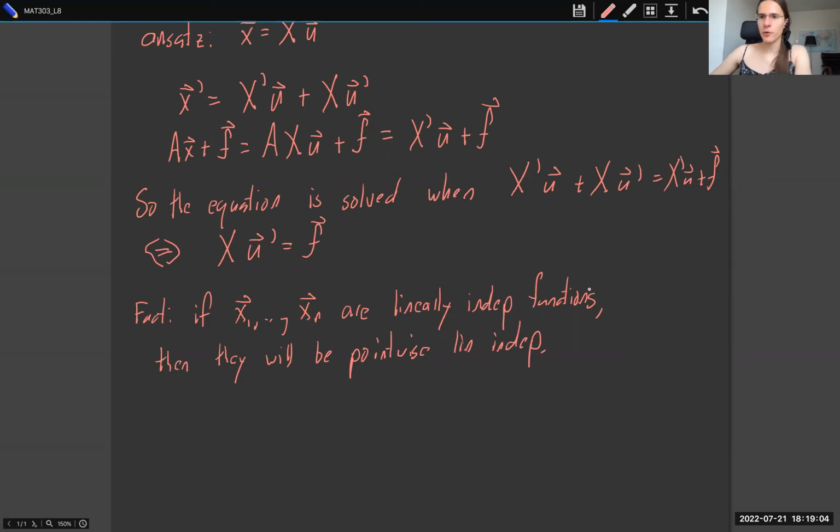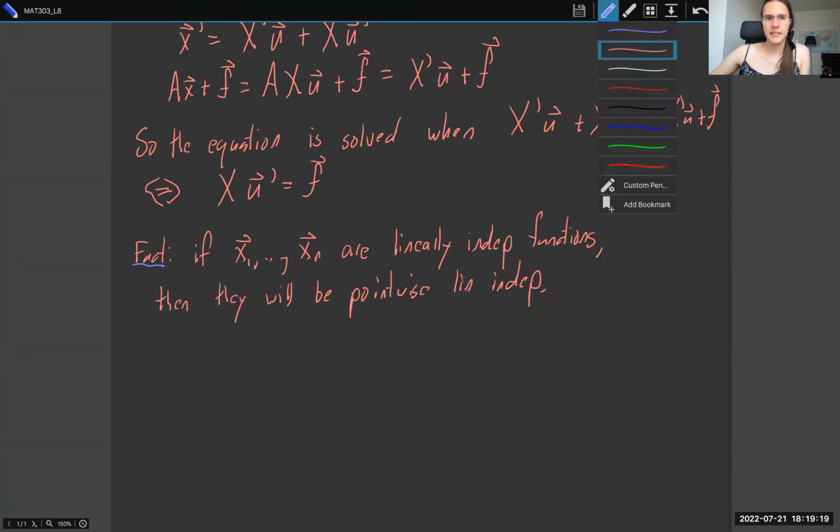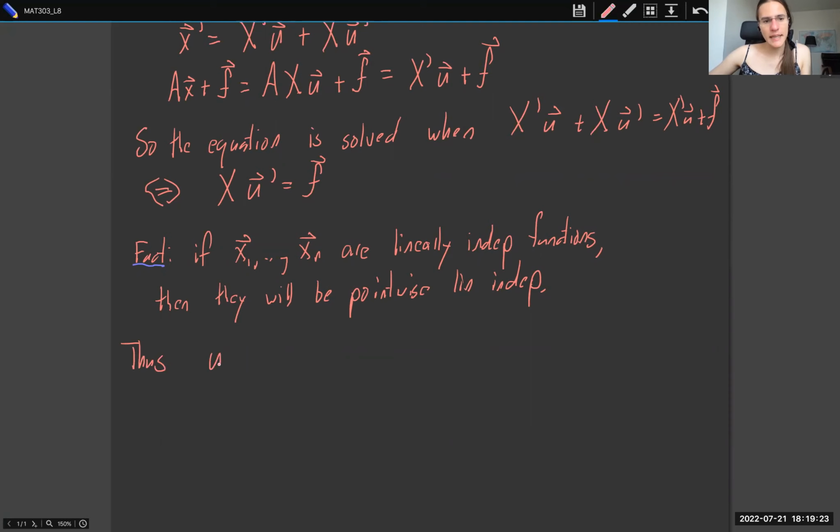And we'll come to a proof of this later. So for now, we're just going to assume this. So what pointwise linear independence means is that at every single t, this matrix has an inverse. Thus, we can give U prime as X inverse f.